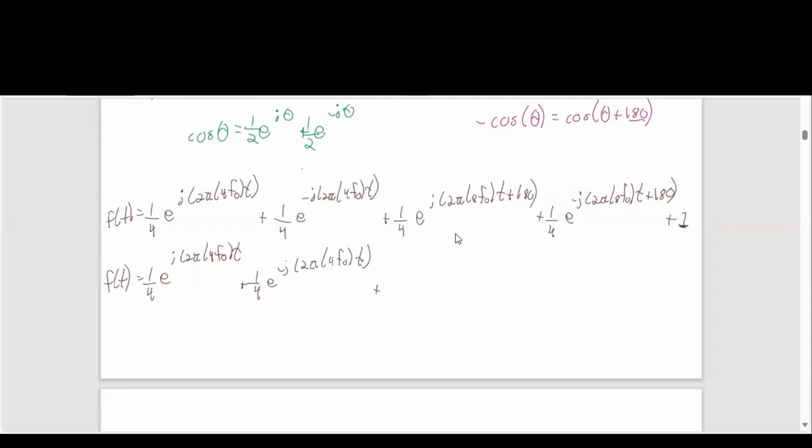And then you have plus a quarter e to the j 2 pi 8 f naught t, and then you multiply that by e to the j 180. Right, and I'll go on, plus a quarter e to the minus j 2 pi 8 f naught t, and then you have 1 divided by e to the j, yeah, minus 180.